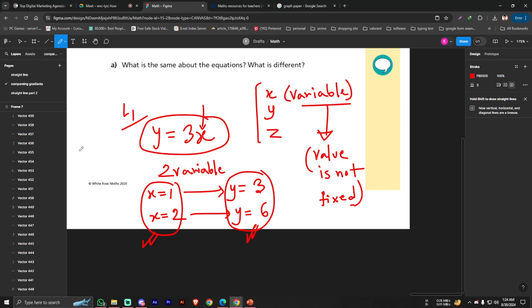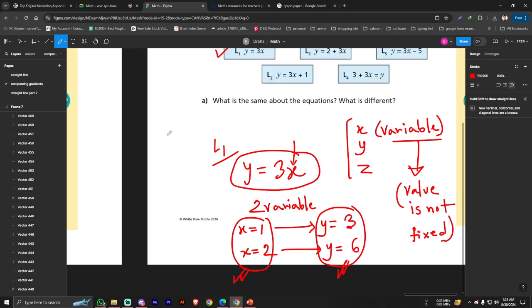Now comes the part coefficient. Coefficient is basically a fixed value. Coefficient is the opposite of variable.